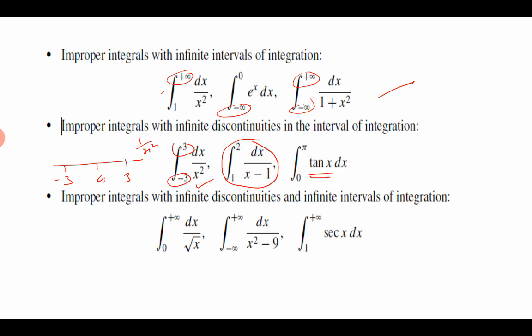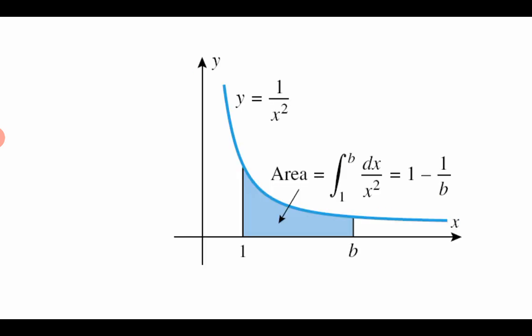And here, tan will have a vertical asymptote at x equal to pi over 2, which lies between 0 and pi. So these three are other different cases of improper integrals. You can check and identify why these three are improper integrals.